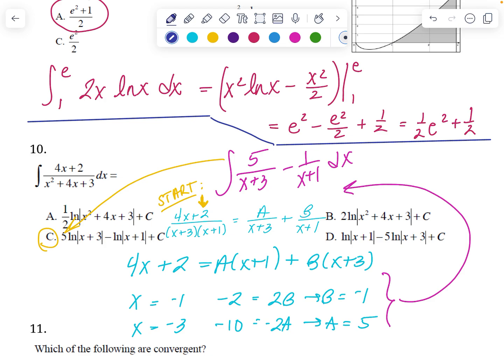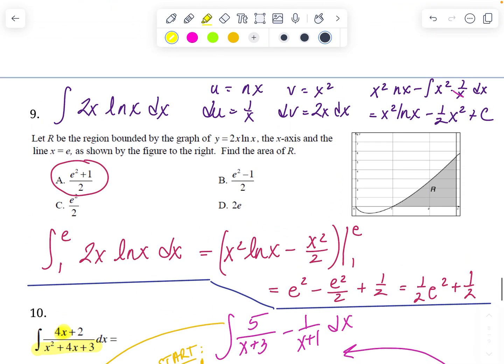Put those in and you're done. It's the same process as number 1. So the whole reason for including this question is to point out to y'all that just because this has an x in the numerator of the original problem, that doesn't take it out of partial fraction category, right? The fact that this is factorable on the bottom makes it say, maybe partial fractions would work here, okay?